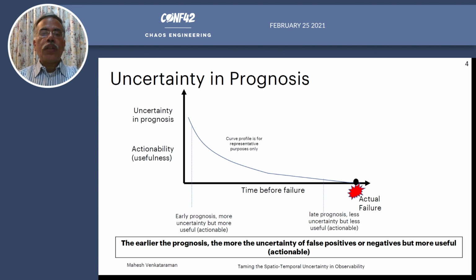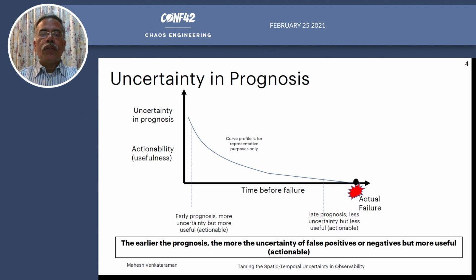During a course of series of experiments, this uncertainty manifests itself in both temporal and spatial dimensions. The earlier the decision point in time before the actual expected failure, the more the possibility of false alarms and possible alert fatigue. The later the decision point, that is, closer to the expected failure in time, the less the usefulness of the decisions since it is most likely too late to take action.